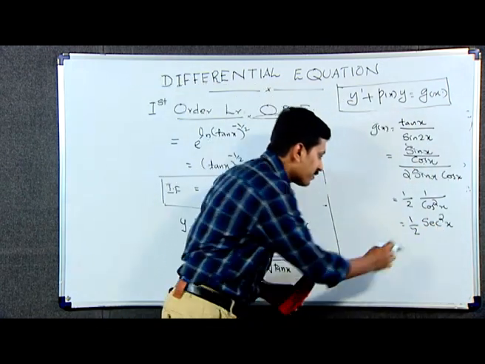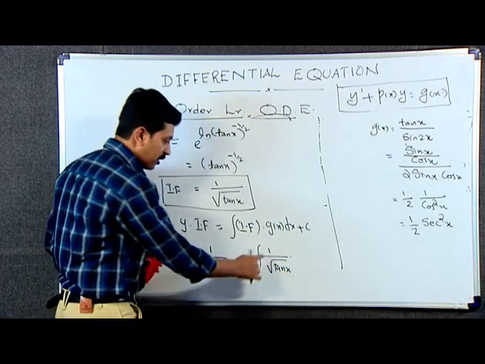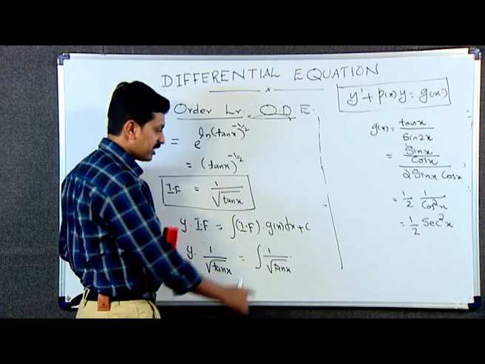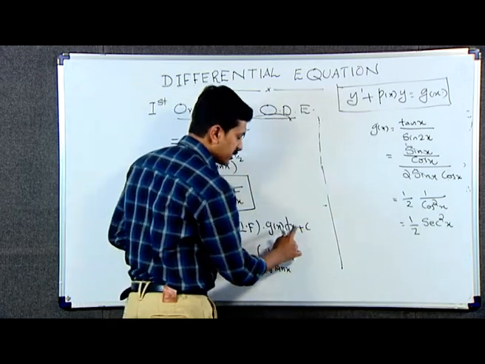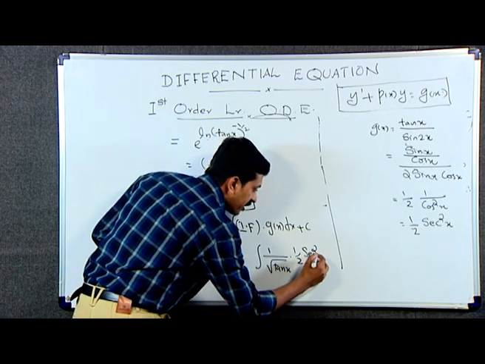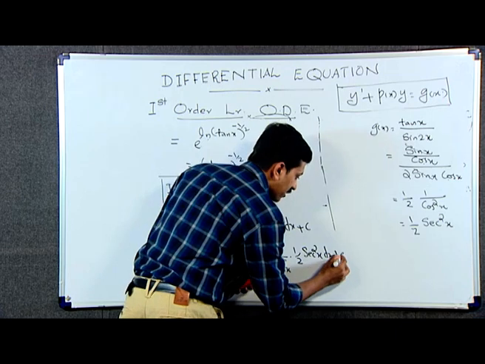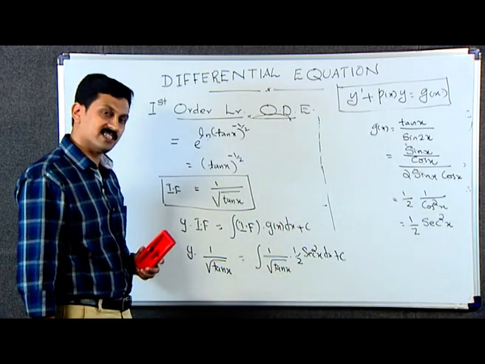So, instead of g of x, we have the integrating factor into 1 by root of tan x, and we have to replace g of x by 1 by 2 sec square x dx plus c.